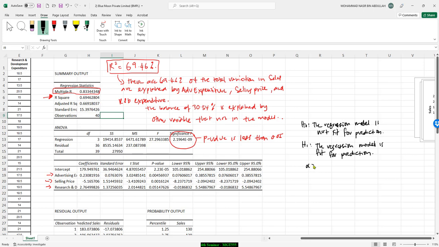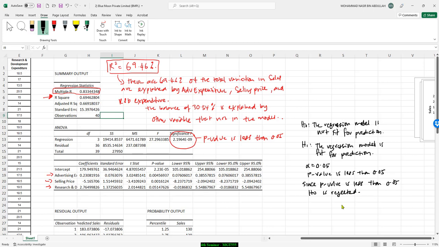Alpha is equal to 0.05. The p-value here is less than 0.05. So our decision is, since the p-value is less than 0.05, the null hypothesis is rejected.